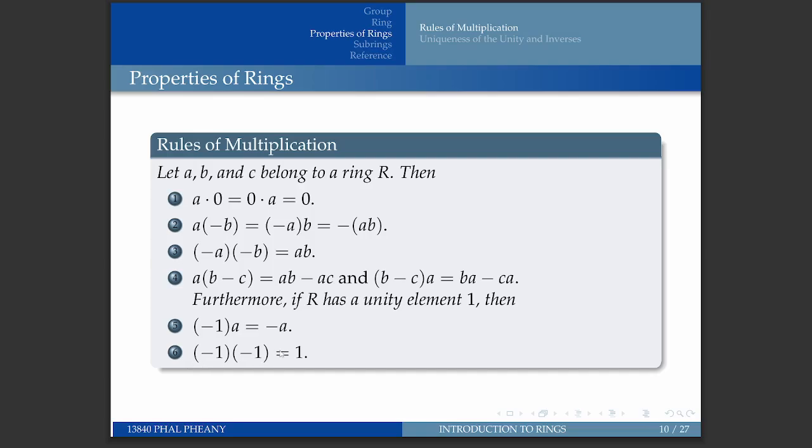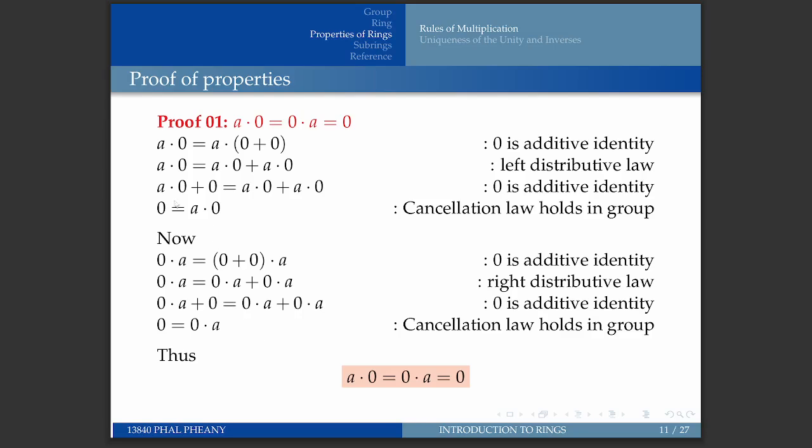Yeah, we prove that. The first proof, the property statement says a times 0 equals 0 times a equals 0. Now we consider a times 0. We can write 0 as 0 plus 0. Why? Because 0 is the additive identity. When added with any element, it remains the same.